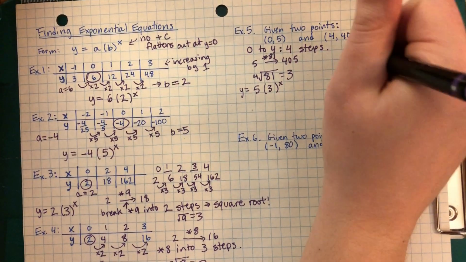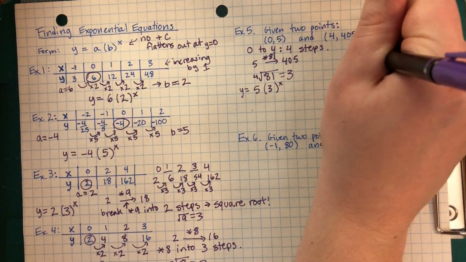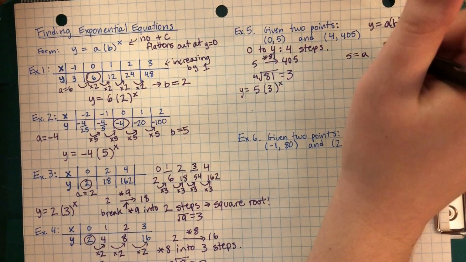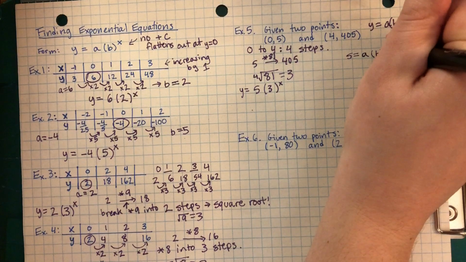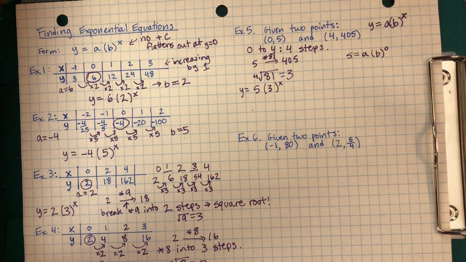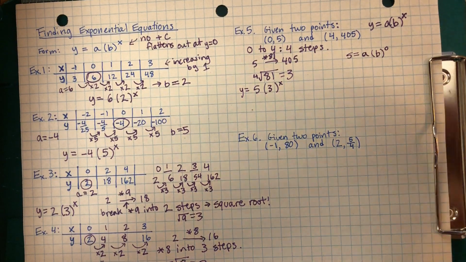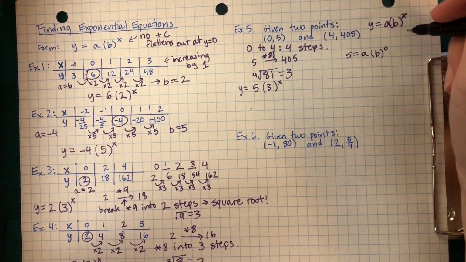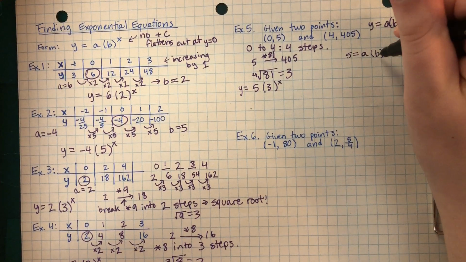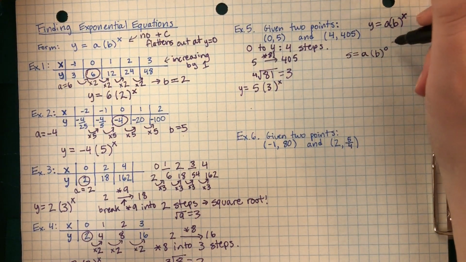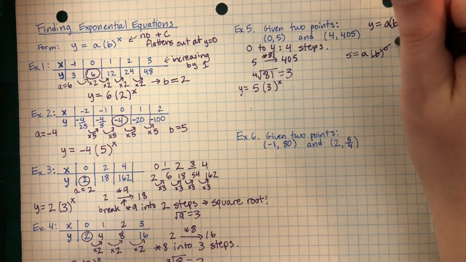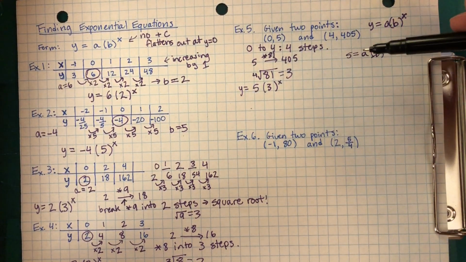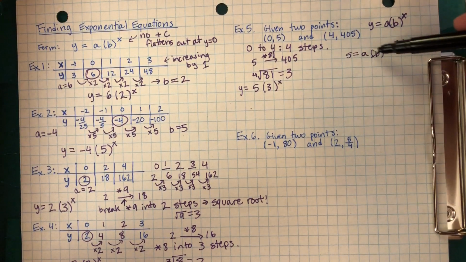So here I have 5 equals a, I don't know a yet, times b, which I don't know, to the x that goes with this is 0. So I know that anything to the 0 is 1, so even though I don't know b, I know that this equals 1, which means I'm just multiplying a by 1. So this gives me a equals 5.